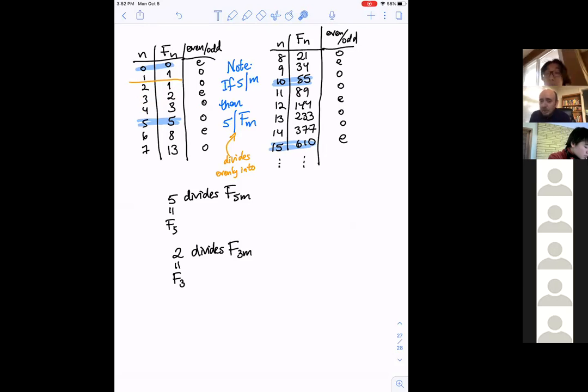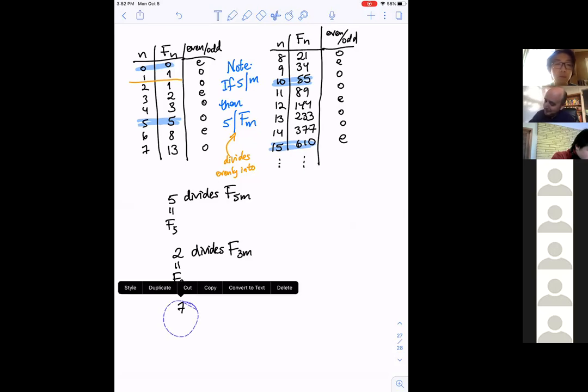And so people thought about, wait a minute, maybe when I take F something, Fk, maybe Fk divides Fk times m. Let's try it. What about F7, not 7 itself.